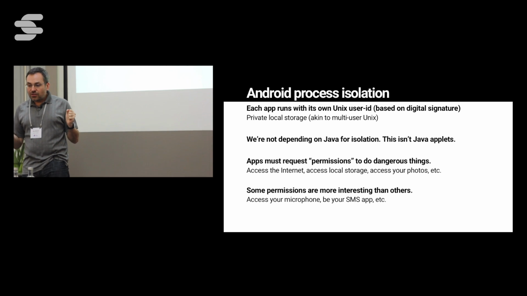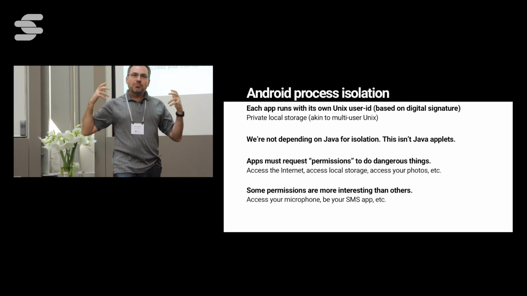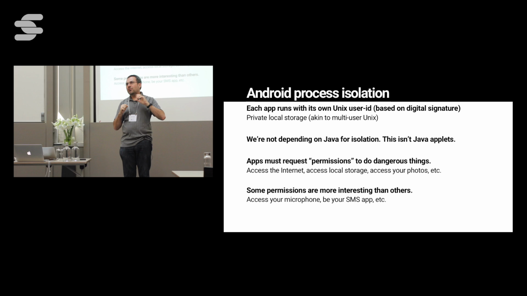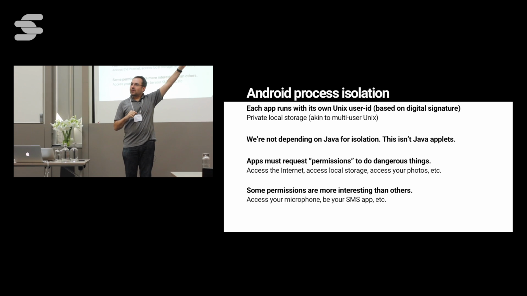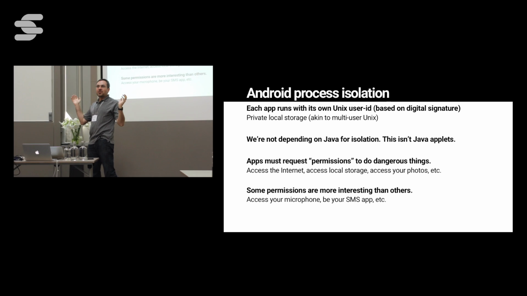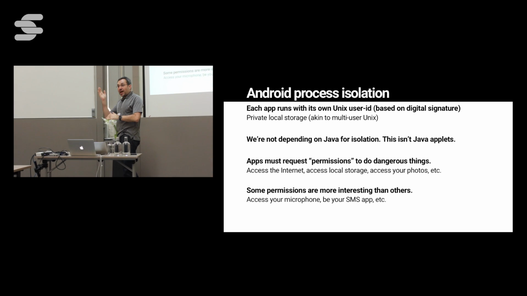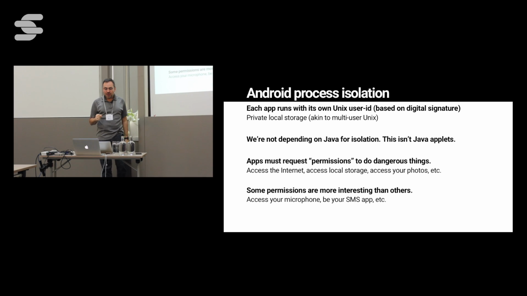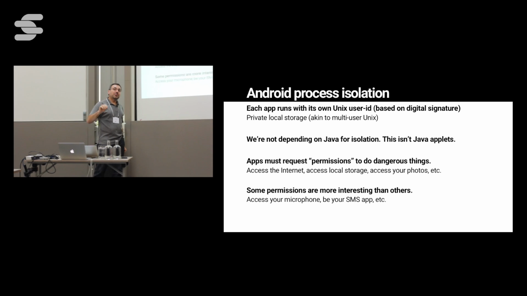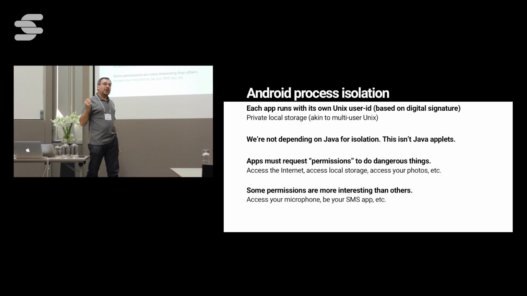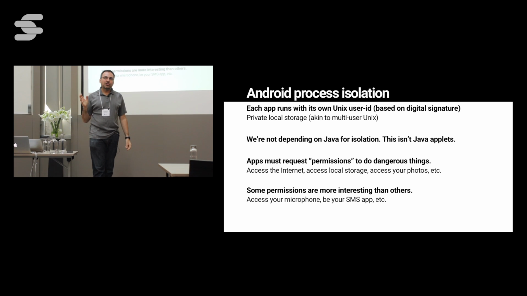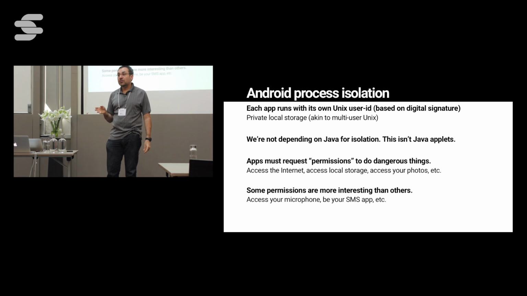So what that means is you can have the same good old-fashioned Unix multi-user security, except the users are now remote developers, which is a nice change from like the Windows world where everybody's administrator. So apps can actually isolate themselves from one another. Apps don't have root. And we're not depending on Java for isolation. We're depending on good old-fashioned Unix permissions for isolation.